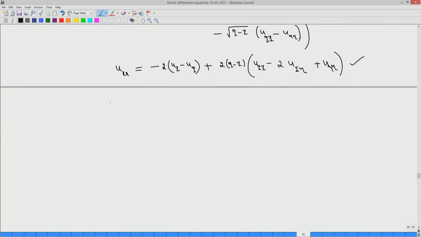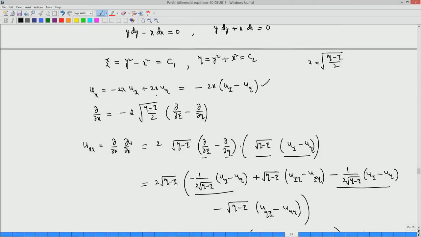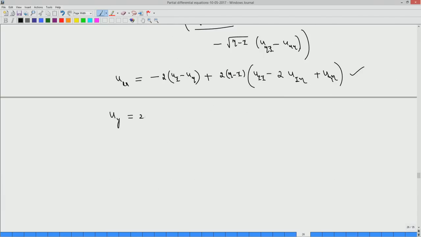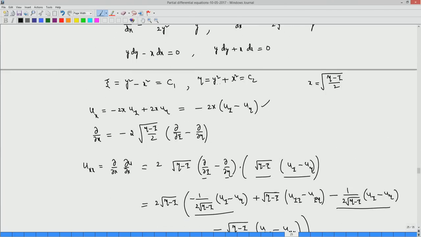Now, what is my u y? u y is, again if you do it the same way, u xi y, that is 2 y, plus u eta y, that is also 2 y. So, 2 y is common, u xi plus u eta. Now what do you need? What is y? Because you know what xi and eta are, y will be from the sum of these.